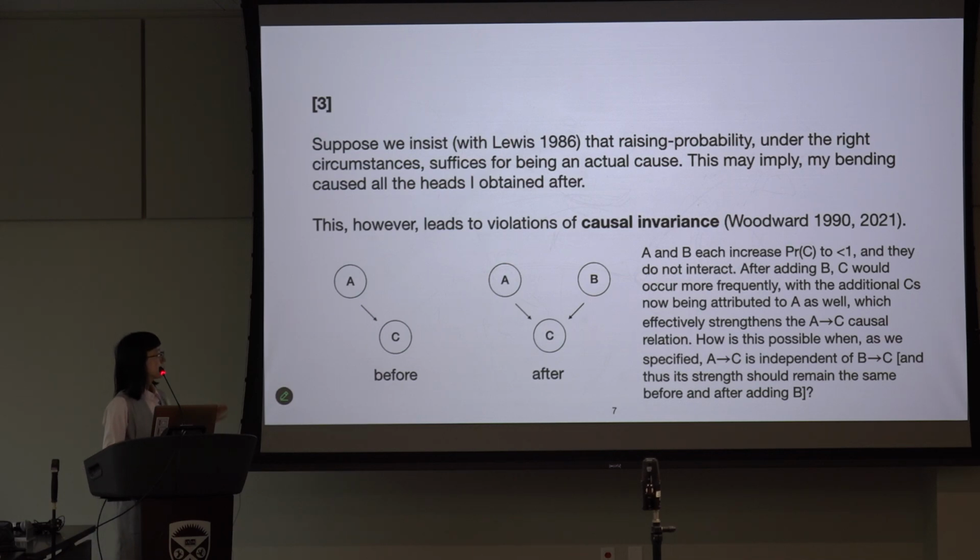Now, after adding B to the causal circumstance, C would probably occur more frequently, with additional C's now being attributed to A as well, because A increased the probability of C, which effectively strengthens the AC causal relationship. Now, how is this possible when, as we specified, AC and BC are two independent causal relations? So the causal strength of AC should remain the same before and after adding B.